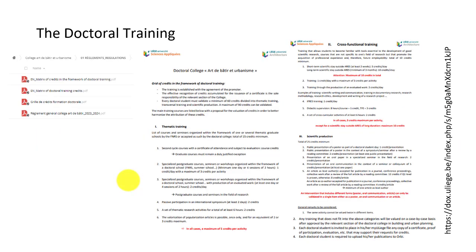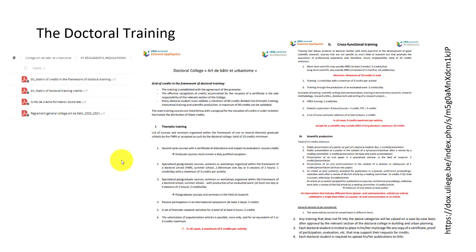Now, when we look at the doctoral training, I invite you to visit the docs folder, where you will find in this link the folder called Rules and Regulations, and there you will find this template in front of you, which helps explain how we can assign credits per activity.